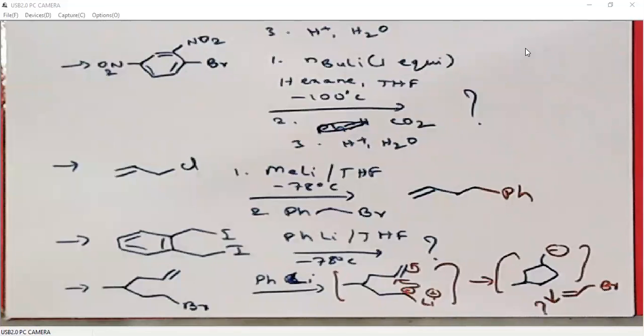So the metal halogen exchange reactions are not limited to unsaturated carbon halogen bonds, but they are also possible with saturated carbon halogen bonds.